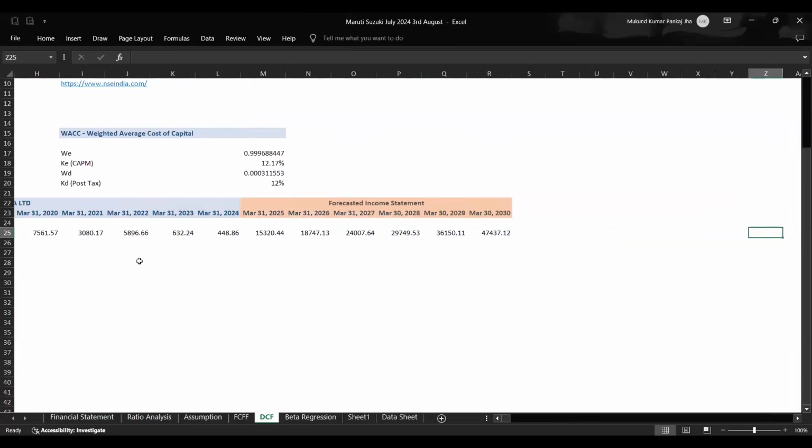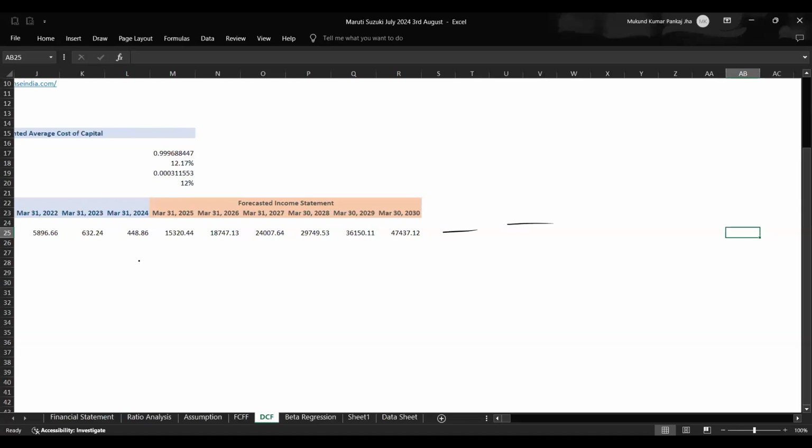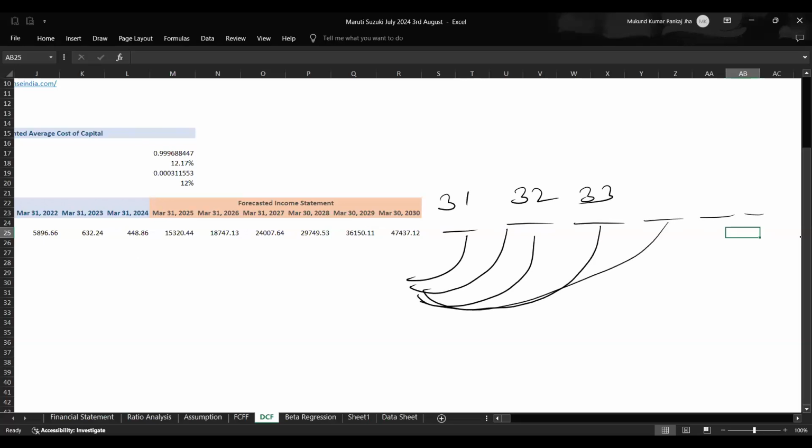Now, what is the terminal value? All the cash flows that the company is going to generate after 2030, that is from year 31, 32, 33 onwards till perpetuity, we are going to calculate the present value of all those cash flows.